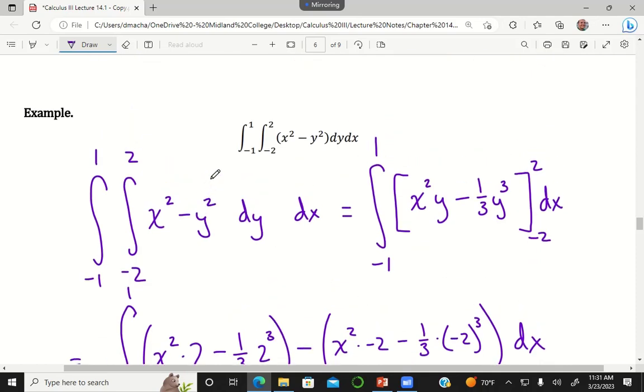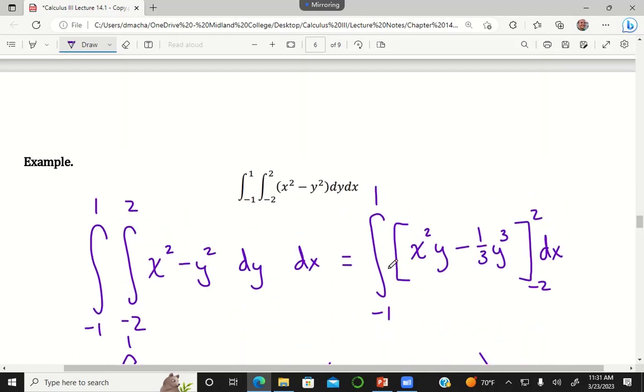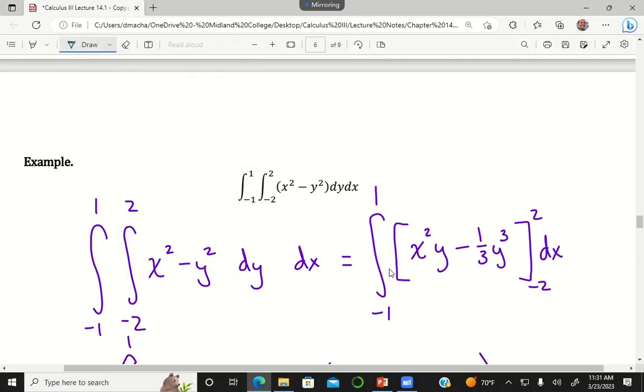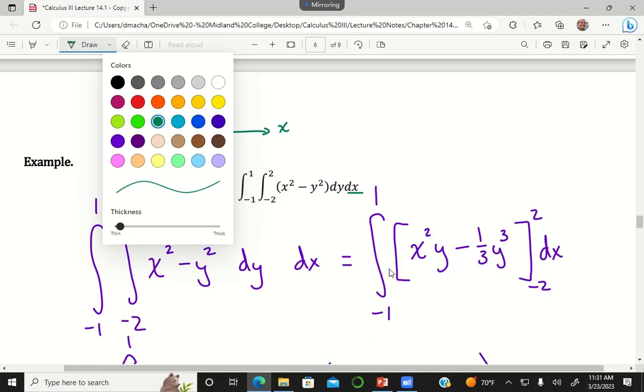Probably. And so what this means essentially is, let's talk about the meaning of this. In my little xy plane, I'm allowing my x values to be anywhere between -1 and 1. And then I'm allowing my y values to be anywhere between -2 and +2.